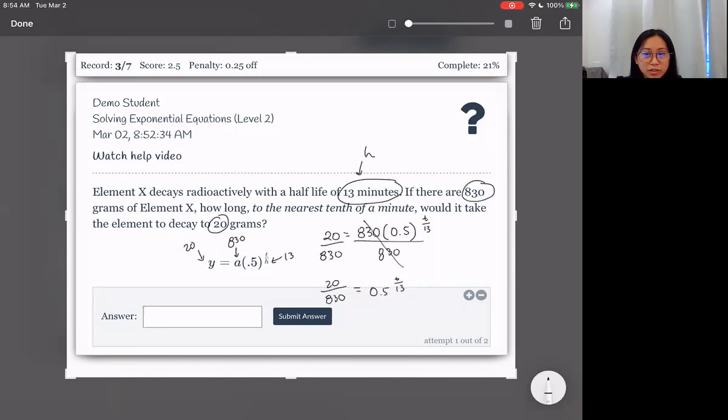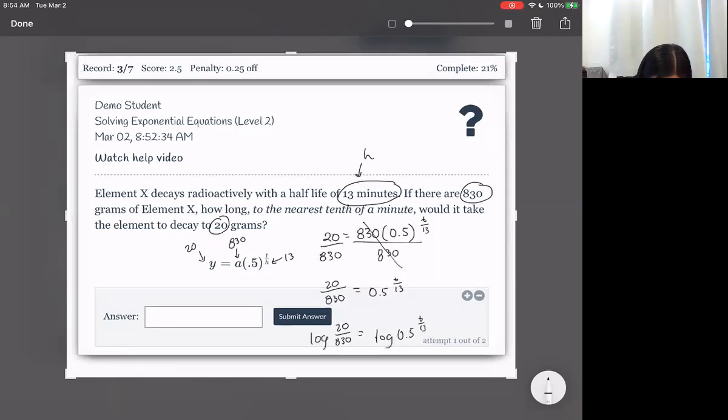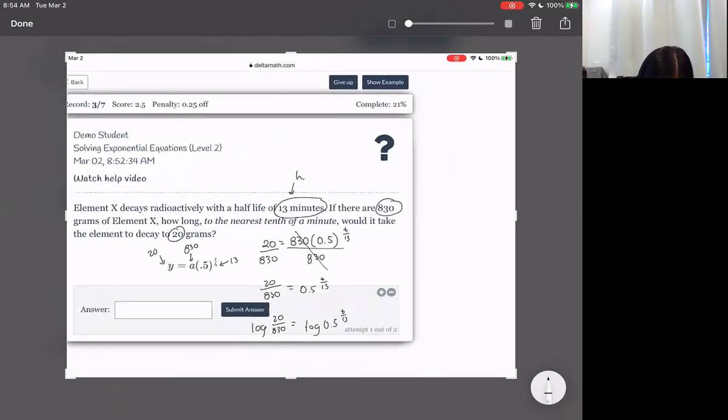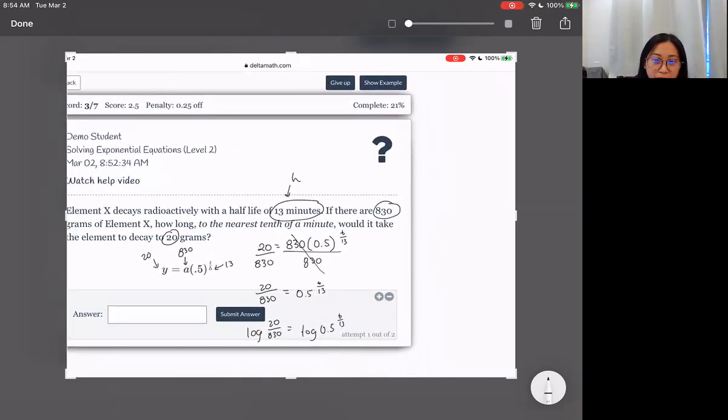And once your exponential is by itself, here's when you can apply the log to both sides. So I'm just going to write log in front of both of these. So log takes in the 20 over 830, and then a log over here of 0.5 to the power of t over 13. I'm going to zoom out because I'm running out of space. So now that we have a log of an exponential, take that exponent and we're going to shove it into the front.